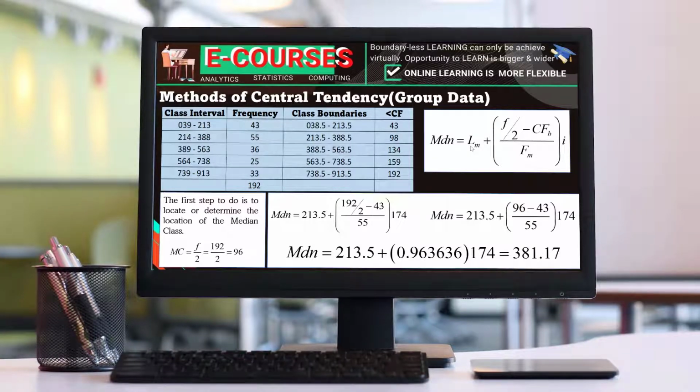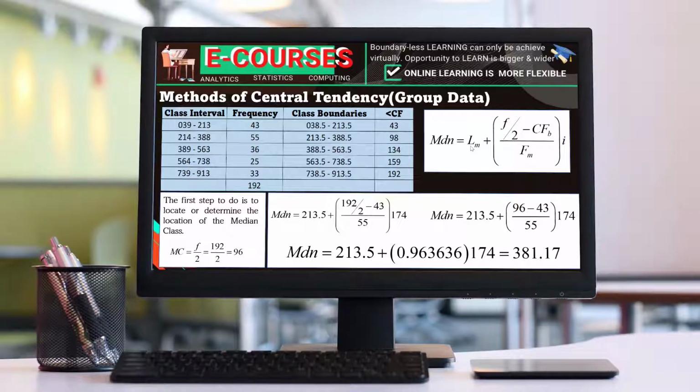In constructing the frequency distribution table, to get the class boundary, we subtract 0.5 from the lower class limit and add 0.5 to the upper class limit. The lower class limit of the median class is 214.